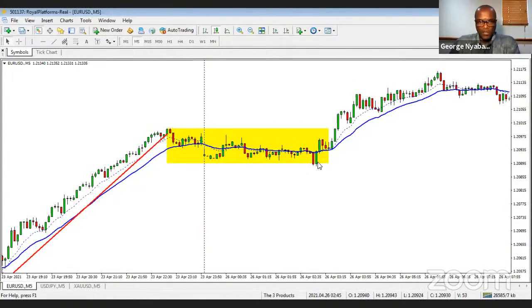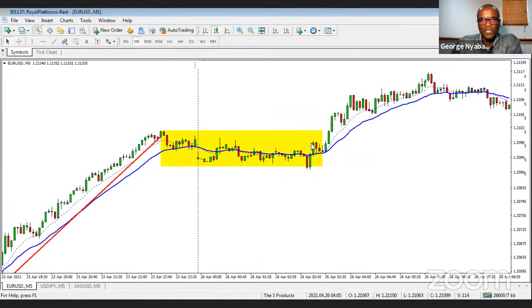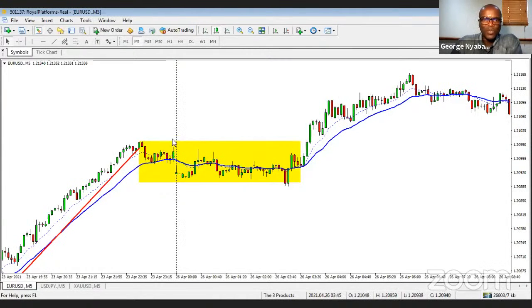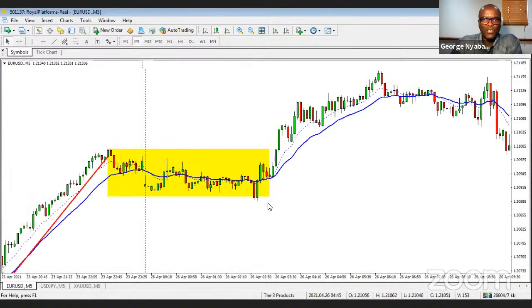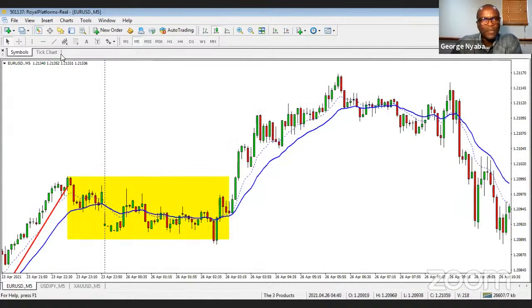We don't have a test of that level until we get to a couple of hours into the morning session. And what we get when we get there, instead of the market testing that and reversing into a reversal, we have instead a continuation. So that would serve as a failed major trend reversal.